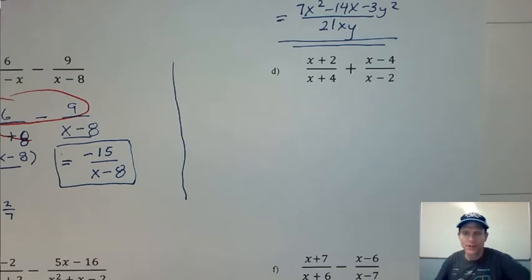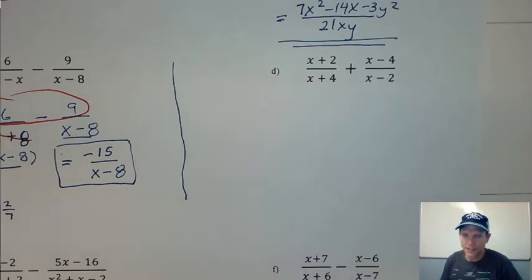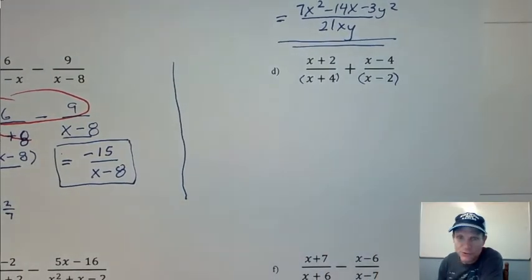All right, continuing on with 12.4, adding and subtracting rational expressions. We see an addition of rational expressions here, and I need to find a common denominator. I have this binomial x plus 4 and this binomial x minus 2 here.